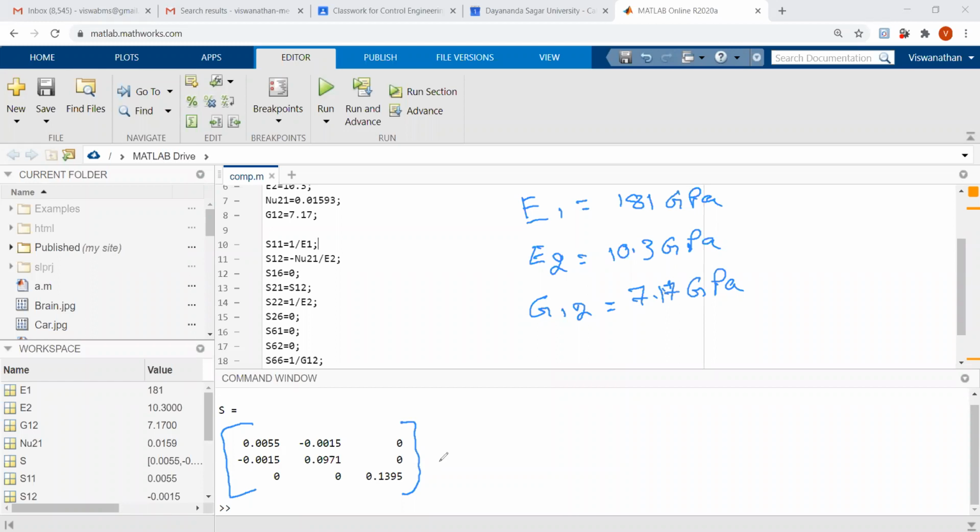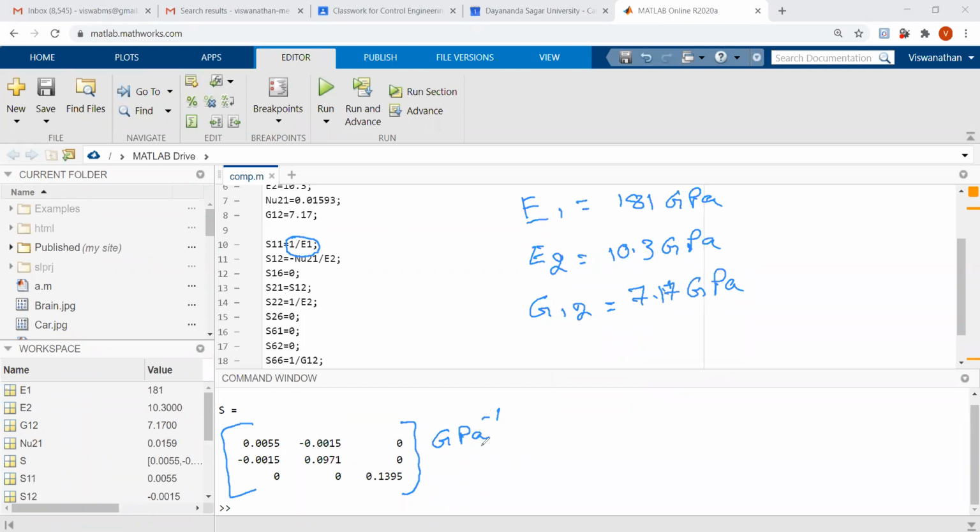Look at this. Meter square per Newton, sir. 1 divided by E1, and E1 is 181 GPa. So can I write GPa inverse as the units of this matrix?